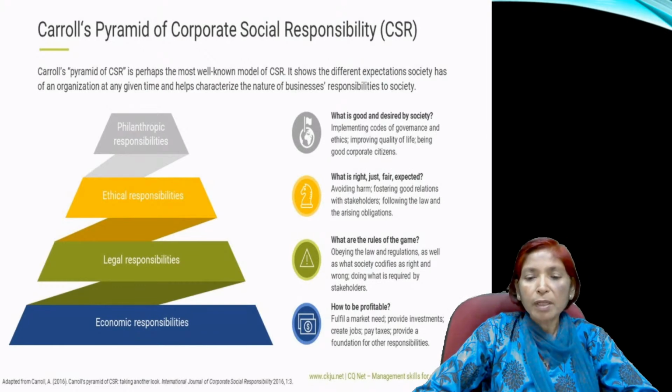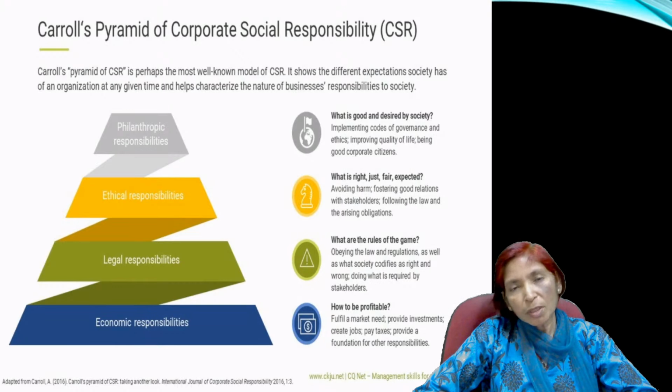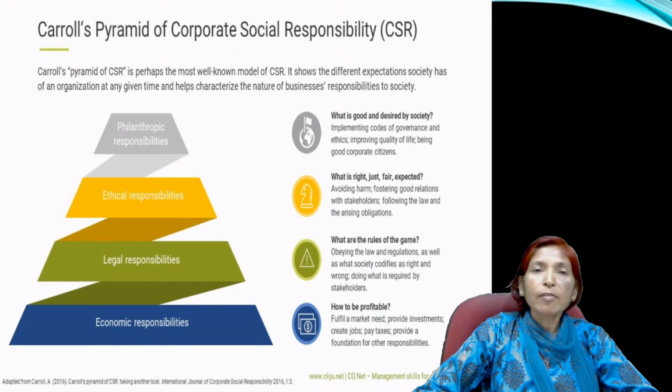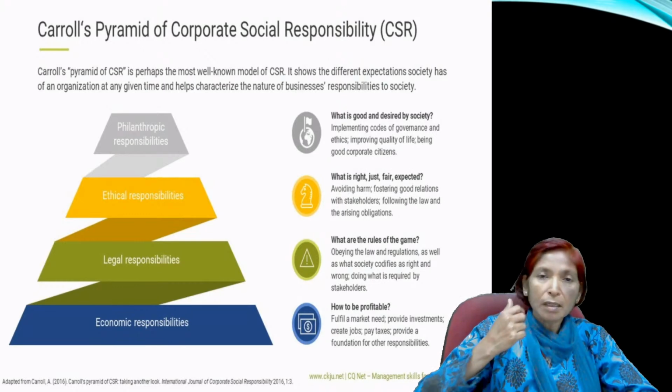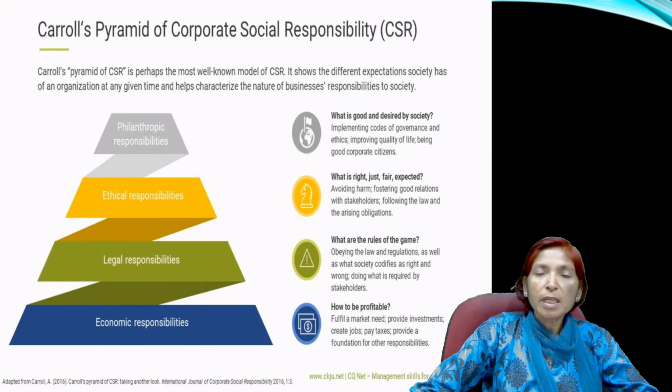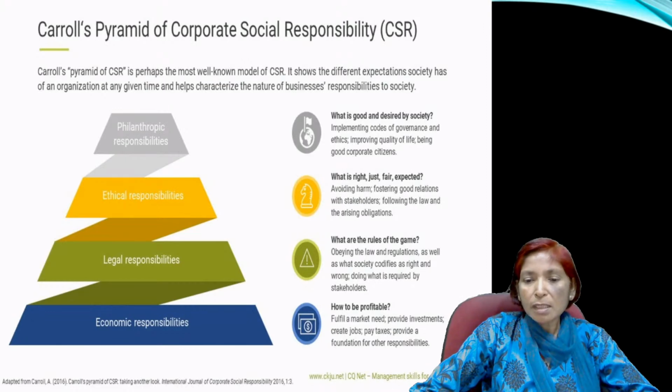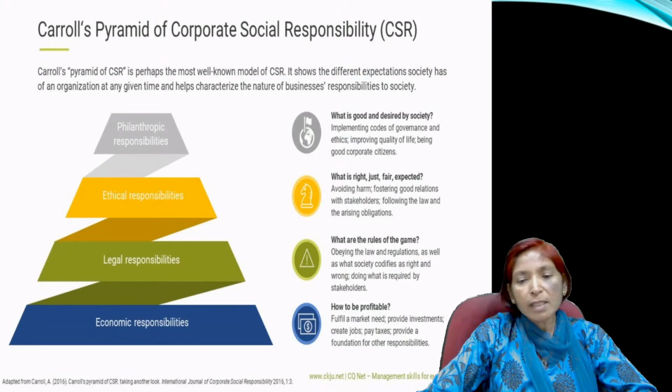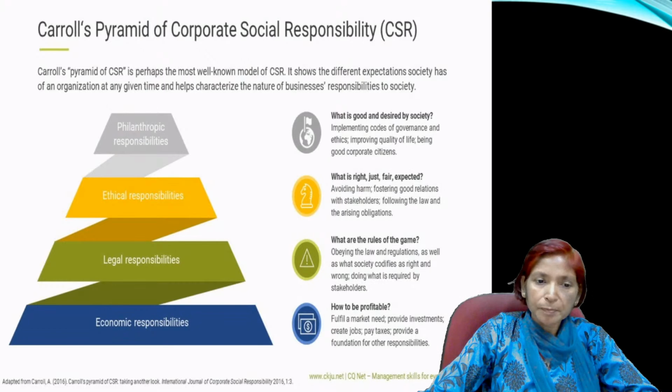So how can a company be profitable? If it is fulfilling a market need, providing good investment to business enterprises, creating jobs for unemployed people, and honestly paying taxes to the government and providing a foundation for other responsibilities, then we can say it will be a profitable company.